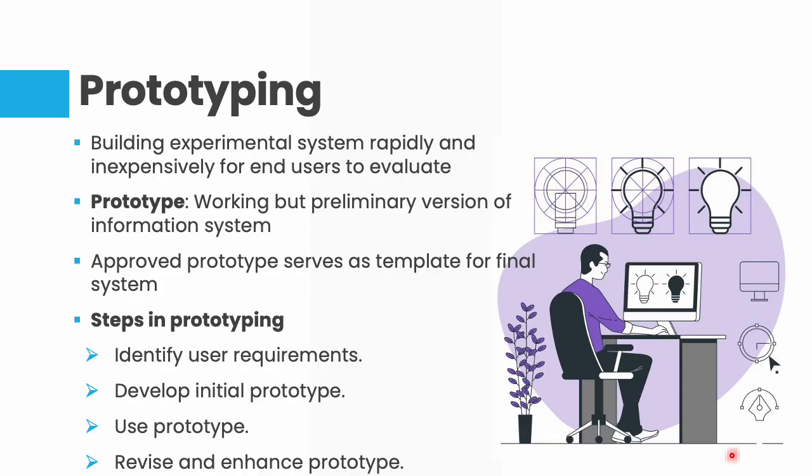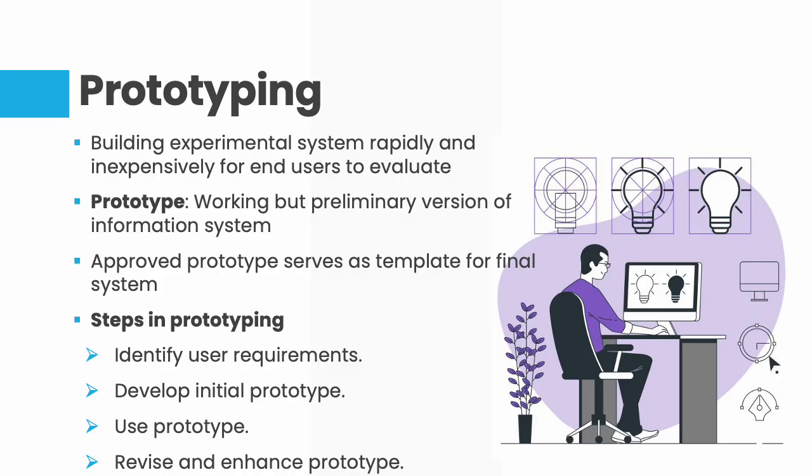We have some steps in this prototyping alternative. First is to identify user requirements: talk to users to understand what they need. Then develop the initial prototype, let users try it and tell you what they like or don't like, and then use the prototype. After that, revise and enhance the prototype.